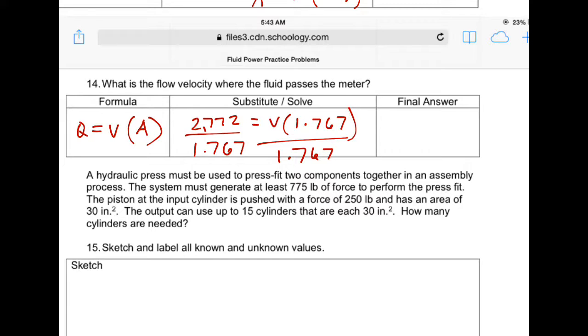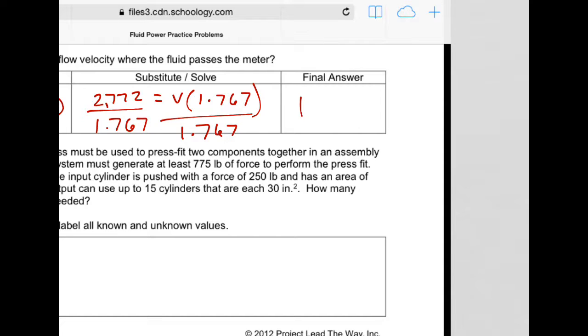Really what I did was hit my 1 over x button, because the area was already in my calculator, and then multiplied it by that. If you don't understand that, just write the number down and divide. 1,568.631. This is flow velocity.